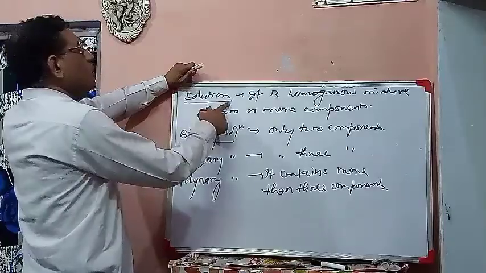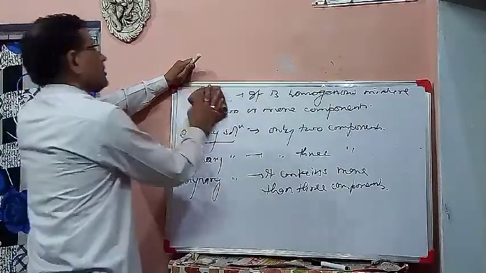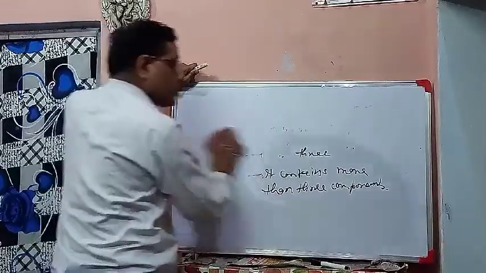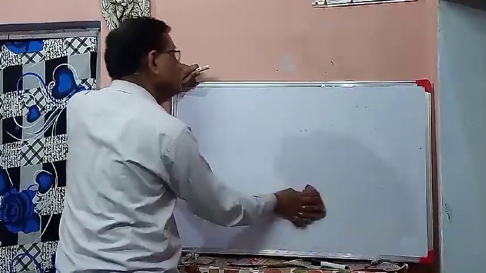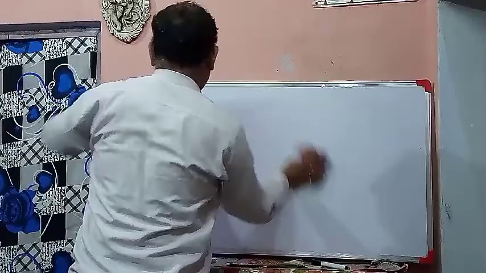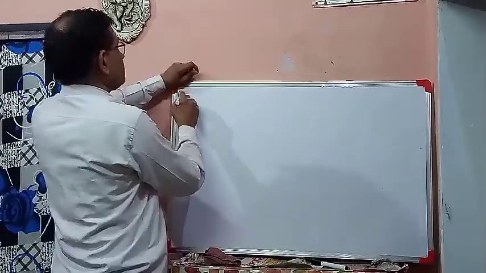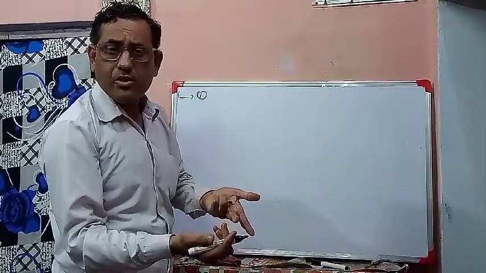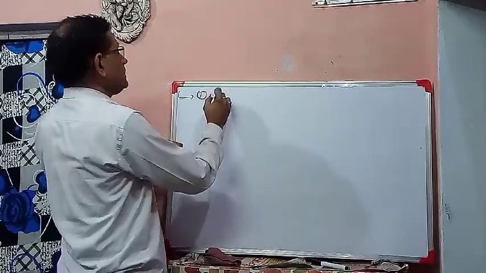Now, what are the properties of solution? So we go to characteristics of solution. In characteristics of solution, the first one is that it is homogeneous in nature. It is uniform.